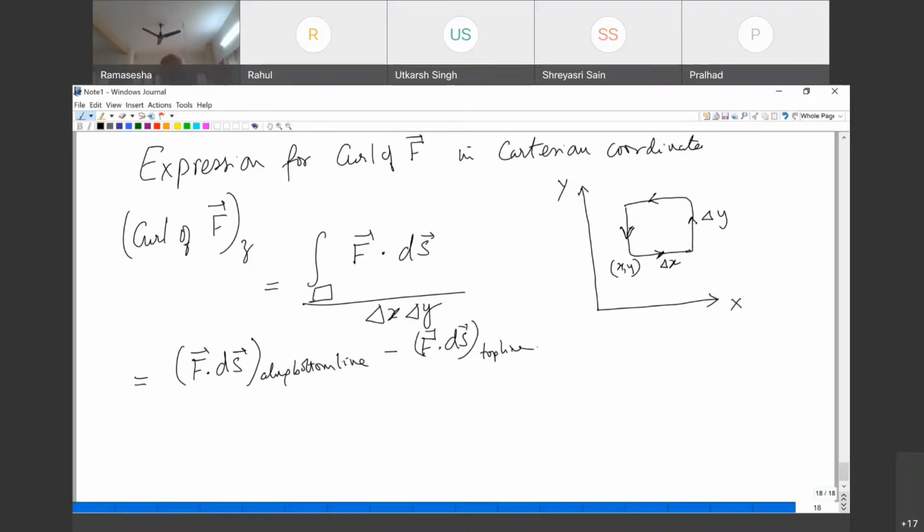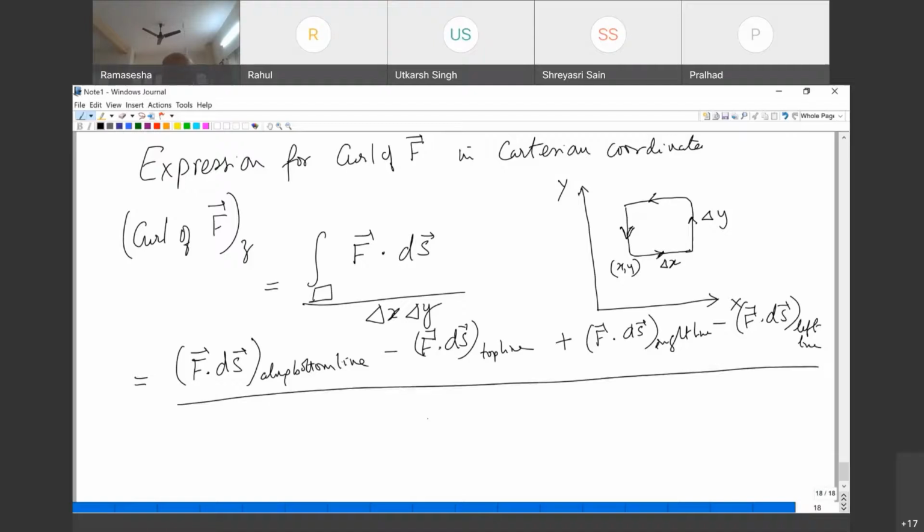So that's why I put a minus sign. And plus F dot ds on the right line, minus F dot ds on the left line. Okay, this divided by delta x delta y.